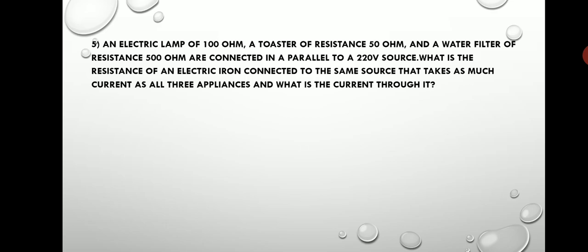Now we'll move on to the next question. An electric lamp of 100 ohm, toaster of resistance 50 ohm and water filter of resistance 500 ohm are connected in parallel to a 220 volt source. What is the resistance of an electric iron connected to the same source that takes as much current as all 3 appliances, and what is the current through it?